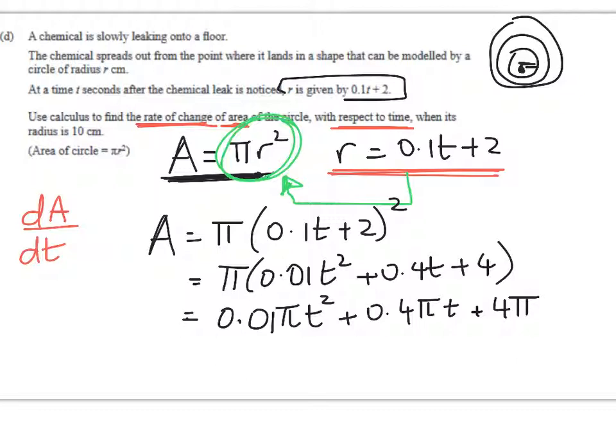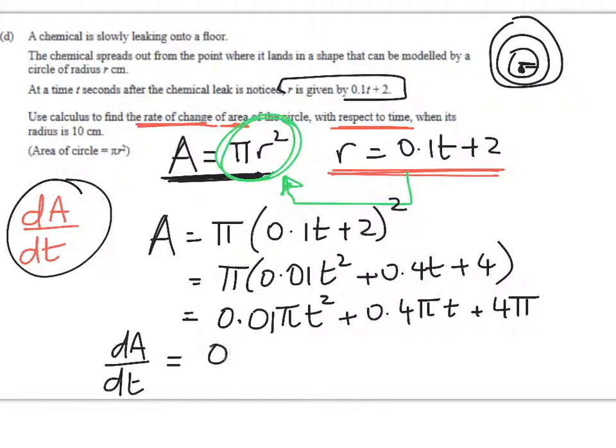Now we're looking for the derivative with respect to t, and we can get that now. So we'll go ahead and work that out down here. So dA by dt is equal to 0.02 pi t plus 0.4 pi.